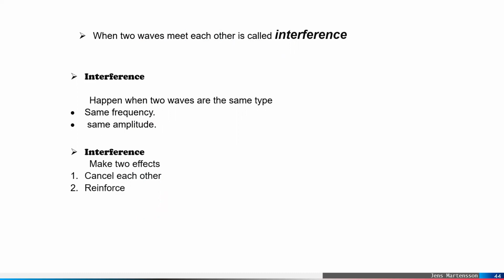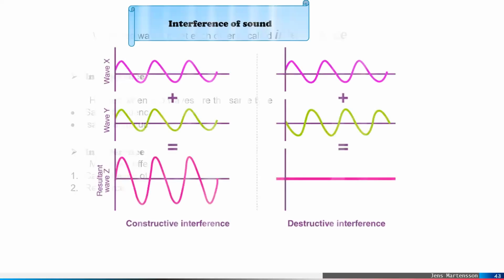When the interference of sound waves takes place, two things may happen. The first is the reinforcement of the sound waves, which is called constructive interference, or it may be another action, which is called destructive interference. What is the difference between them?